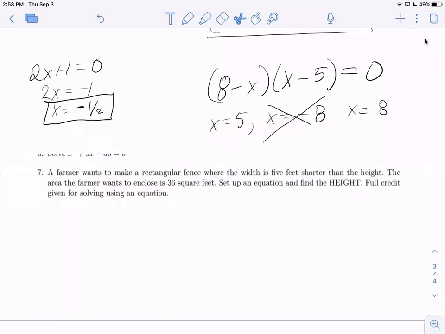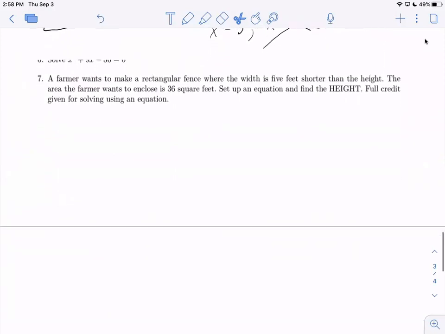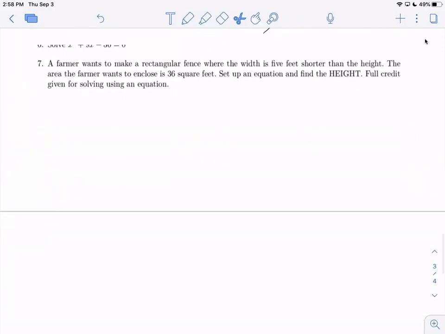Okay, so try this one out. While you're working on this one, I'll give you guys a few minutes to just write this on your paper. And then I'm going to also bring down the other one.